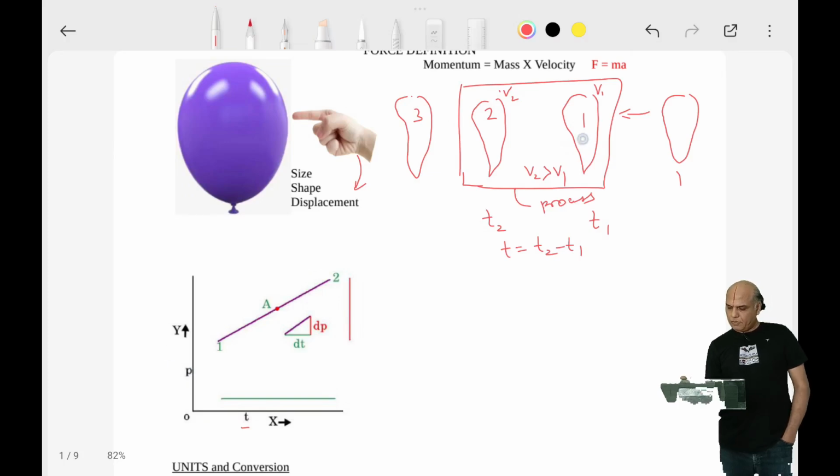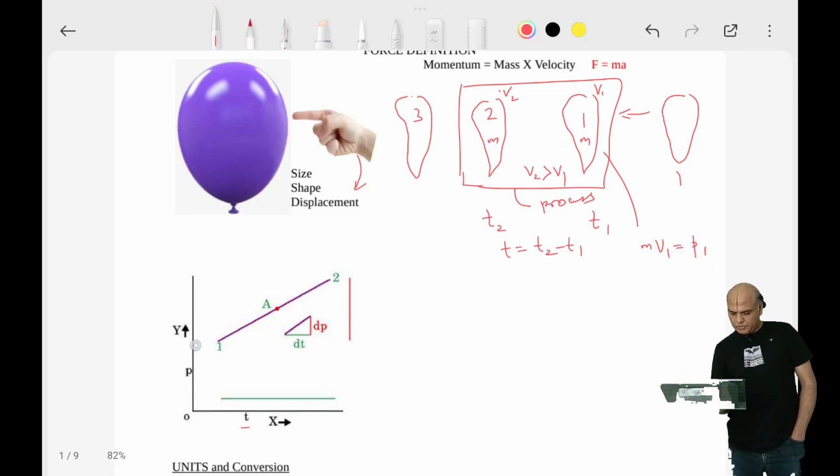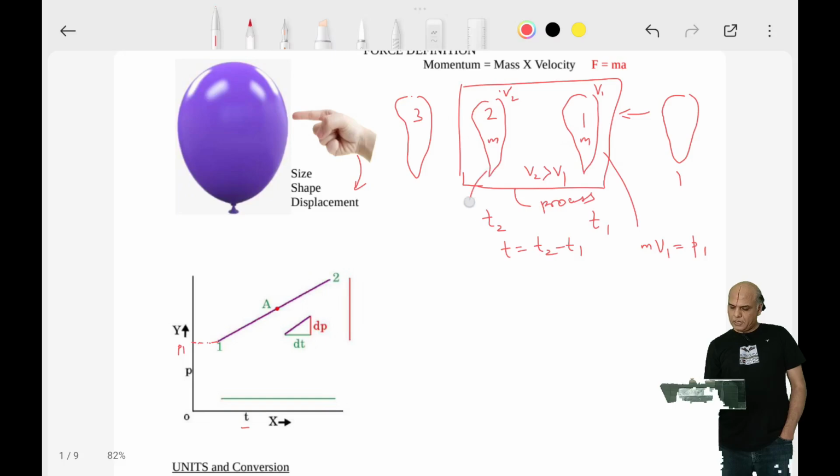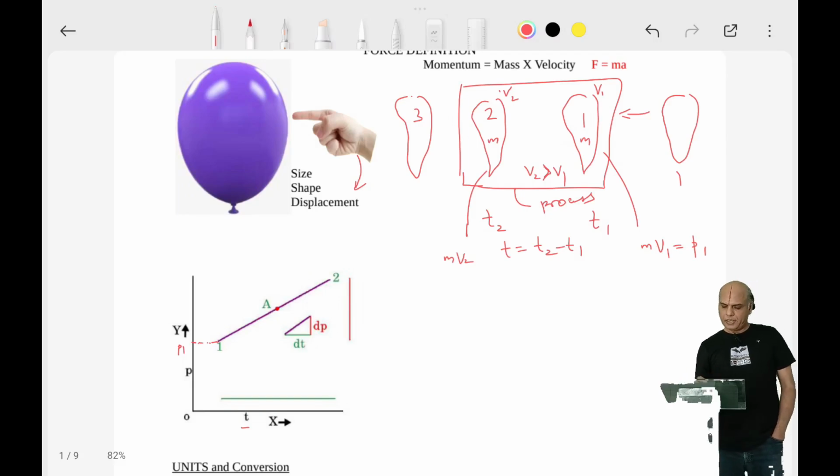So the mass of the balloon is the same at both the stages. So at point 1 the momentum is mv1, or we can call it p1. Similarly, the momentum at position 2 is mv2, where v2 is the greater velocity, because we are assuming the velocity of the balloon increased.